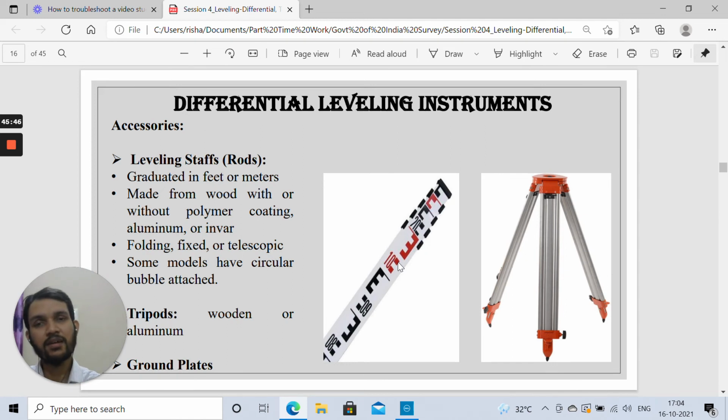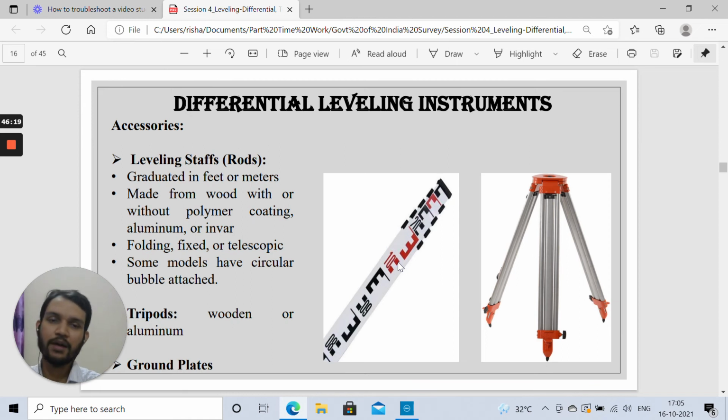The same concept is used for ranging rods also. They are in alternate red and white color because these colors are very different from each other, and they can be sighted even from a very long distance, and the markings can be read exactly, so that even if the person taking the reading has some color difference or error in color perception, he can still take the reading very exactly.